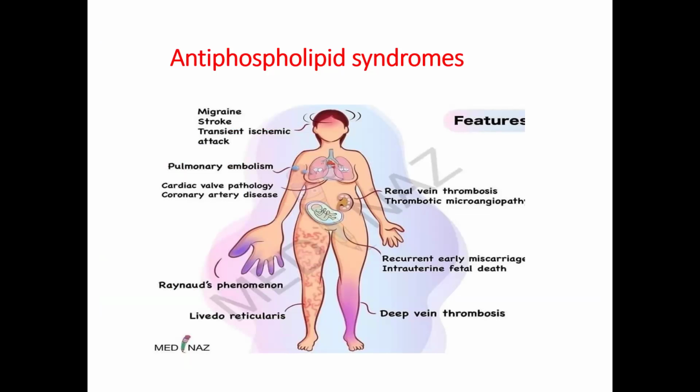This is characterized by migraine, stroke, transient ischemic attacks, pulmonary embolism, renal vein thrombosis, thrombotic microangiopathy, recurrent early miscarriages, intrauterine fetal death, deep vein thrombosis, Raynaud phenomena, and livedo reticularis. So many times they send these patients to our pain clinic for pain control.